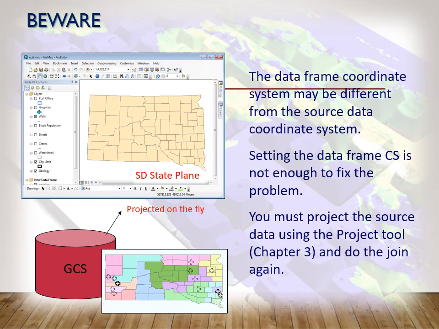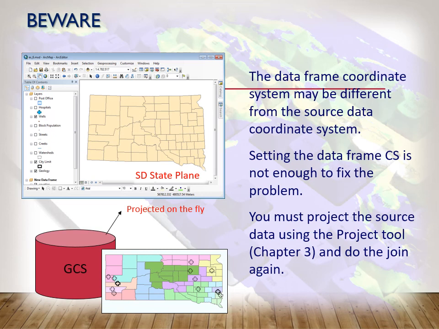Another caveat: you don't want to just use the data frame coordinate system to change it. Let's say we want to go from geographic to projected, and we want to make sure that projection preserves distance. It's not enough to just change the data frame coordinate system. All that does is temporarily align all the correctly defined data in the map.